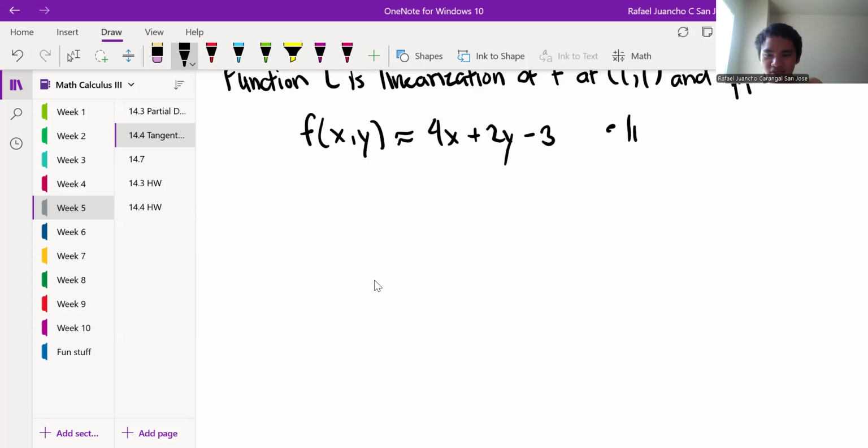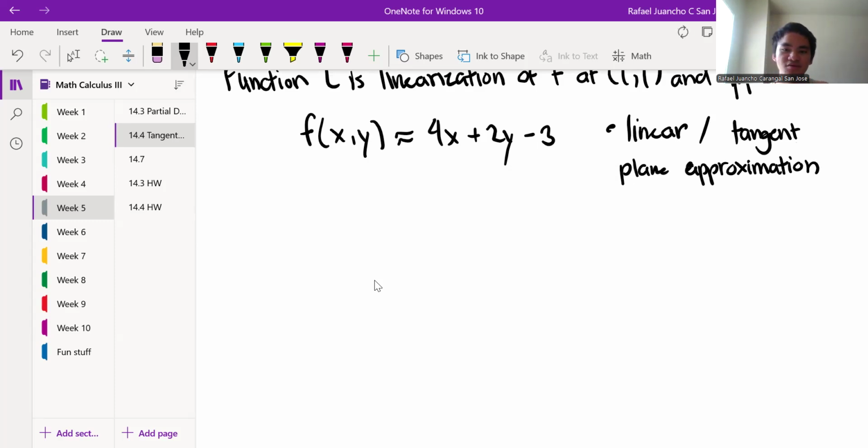So we call this again the linear or tangent plane approximation. That's what we call that.